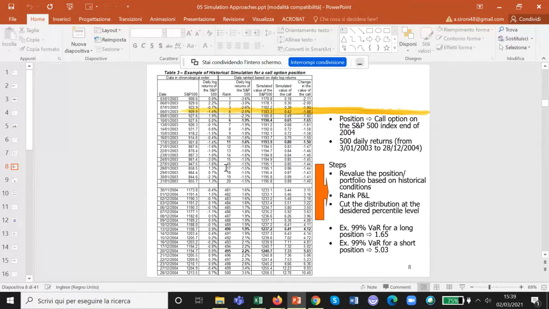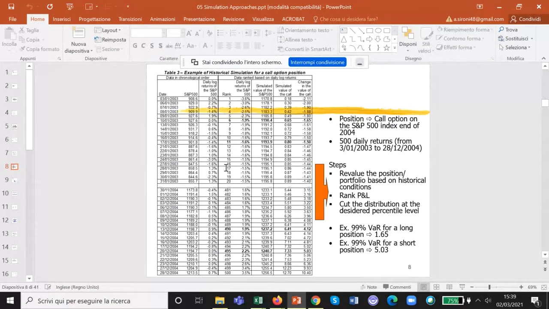In the first column is the date, and the second are the different values of the S&P 500 index. In the third column, we have the daily returns from, let's say, the beginning of 2003 to the end of 2004. So we have 2 years of data, which are basically 500 daily returns, okay?